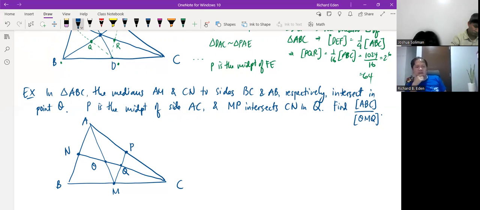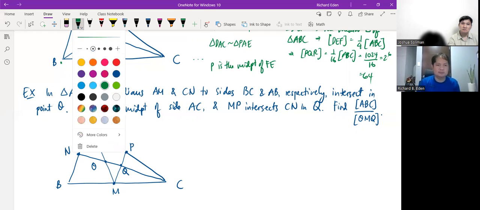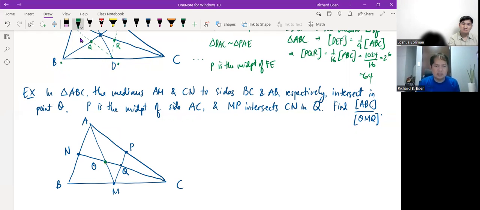I guess what we got to do is figure out how the area of OMQ is related to something else here. Where's OMQ? This is OMQ. O is not just any other point, but it's the centroid.